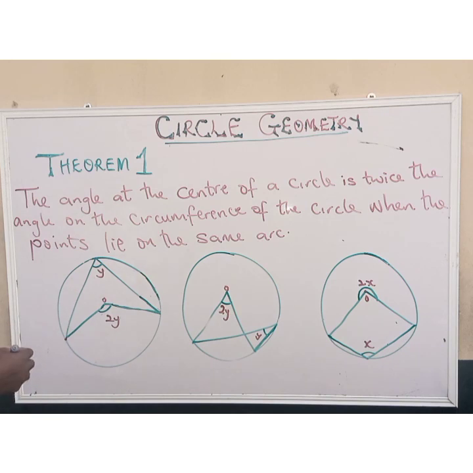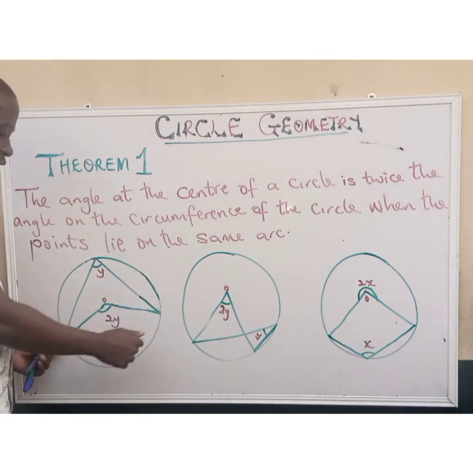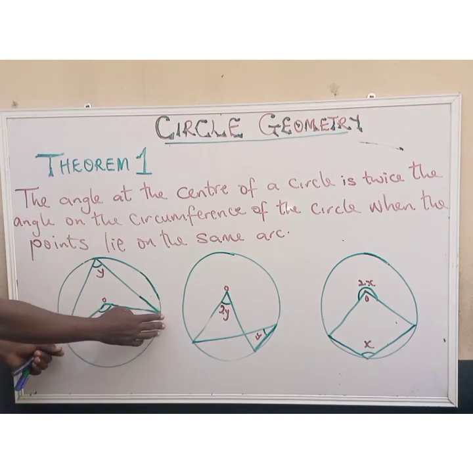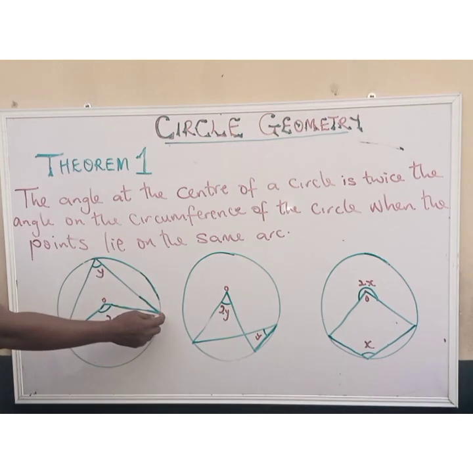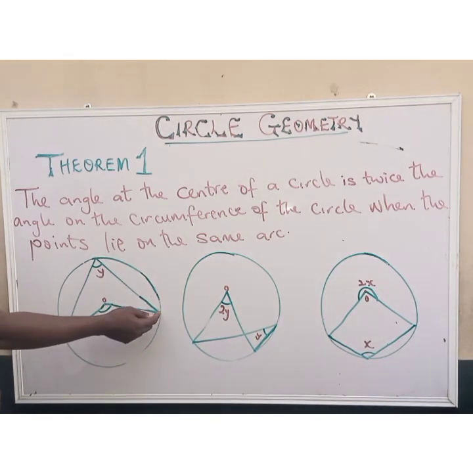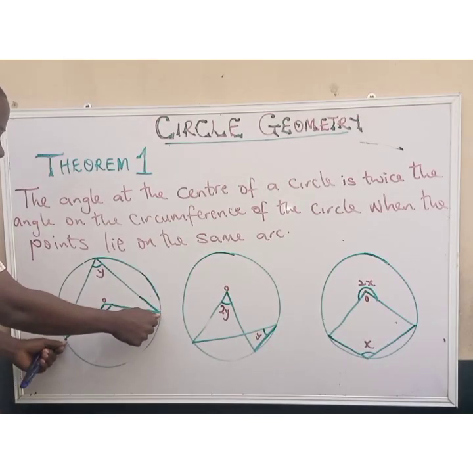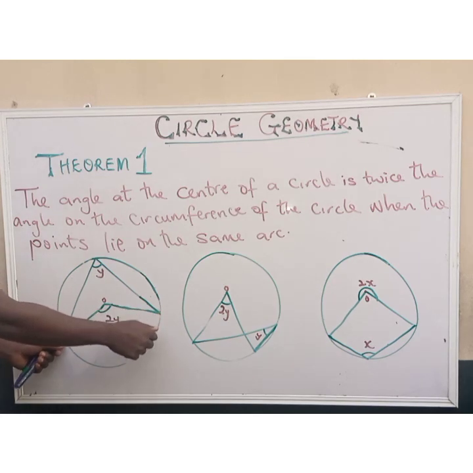When the points lie on the same arc, the points we are referring to here are these 2 points. So these 2 points lie on the same arc. You can see the arc. The arc is from here to here. So these are the points we are talking about. The points lie on the same arc.